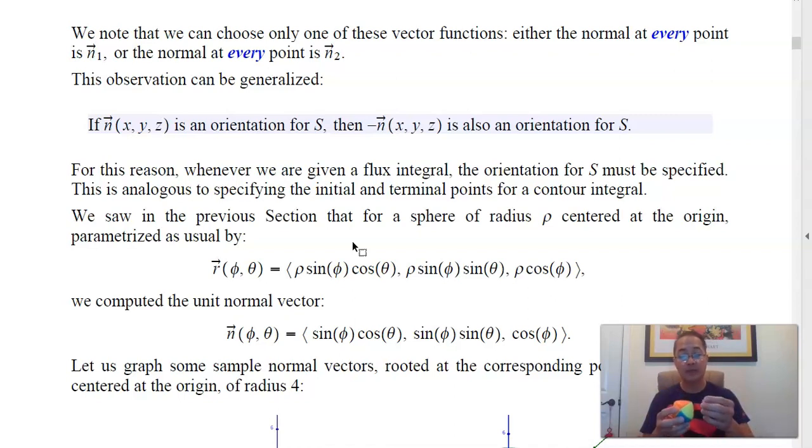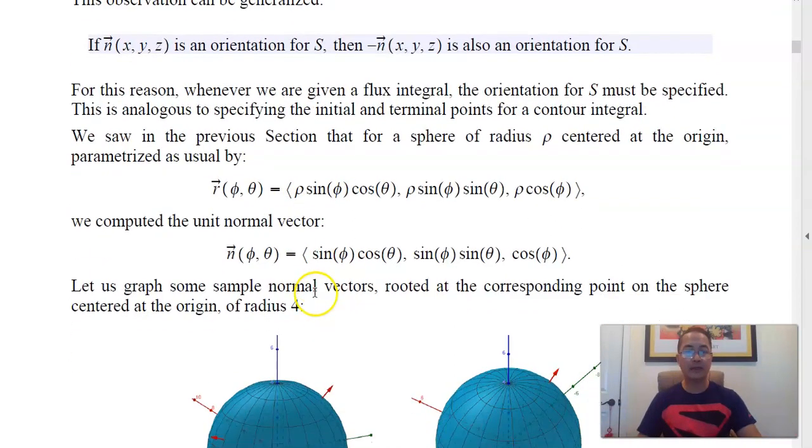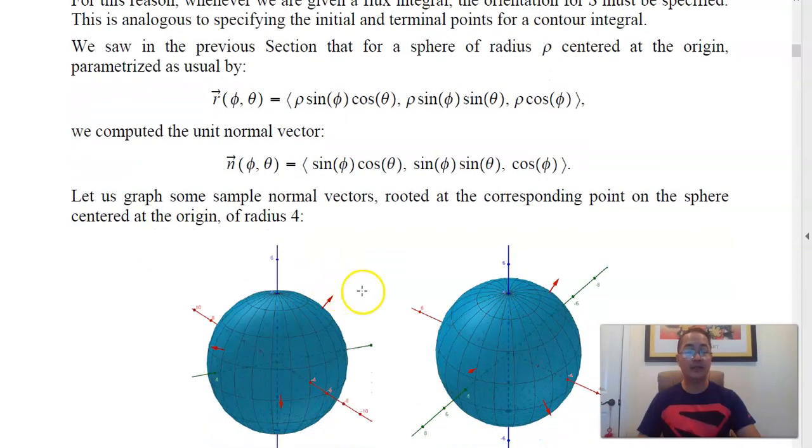Okay, so one adjective that will apply to all of those points would be outward facing normal vector. We actually saw this in our last video, where we found this vector after taking the cross product of the two partial derivatives.